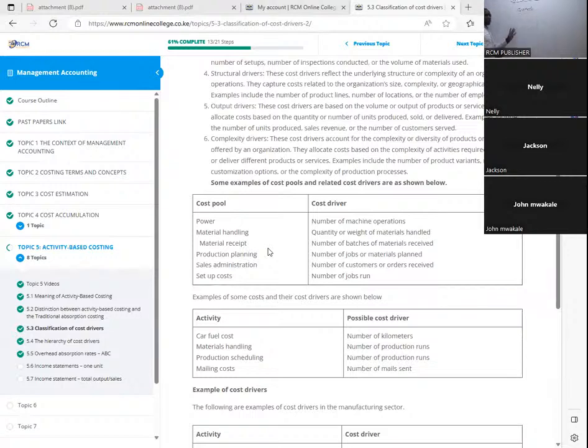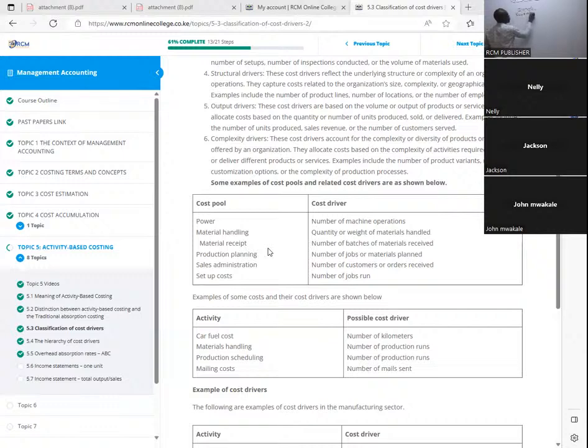We are given the overheads. Remember the question that we are doing there? And then down here, we are given now the cost pool or the cost driver. So here, the overheads, this is where you have up there the cost pool. We have rent and rates.